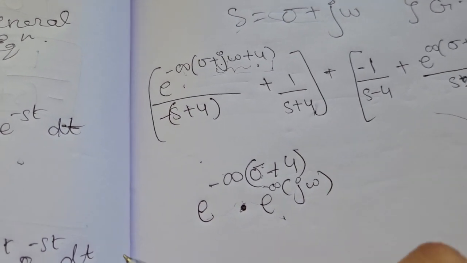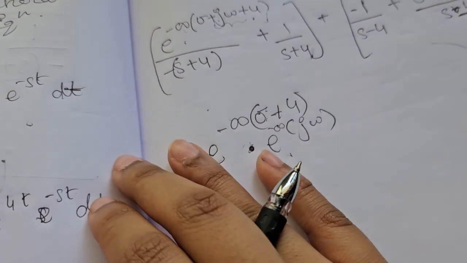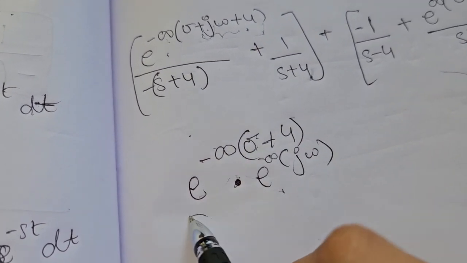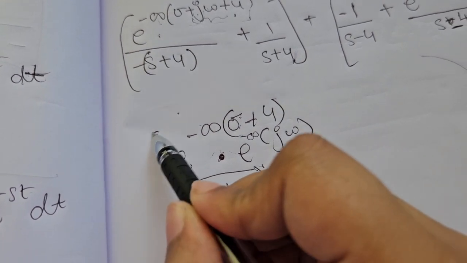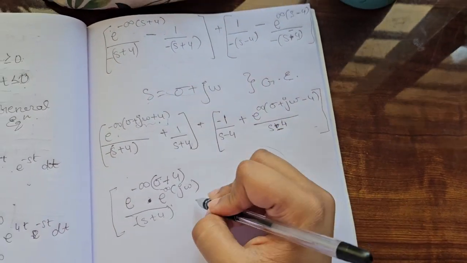We've done this earlier here somewhere. It's a basic property of exponents. You can separate it this way. Do the same thing for this side.